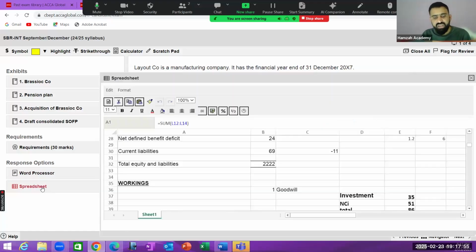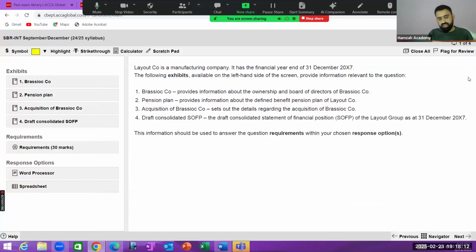But if there is any complex or detailed calculation, for that purpose you will be given a spreadsheet. In this spreadsheet, there will be a pre-populated consolidated financial statement, and the other area would be spared for you to do any relevant calculation related to any exhibit. So that would be question number 1, group accounts in Part A, and it will consist of 30 marks.